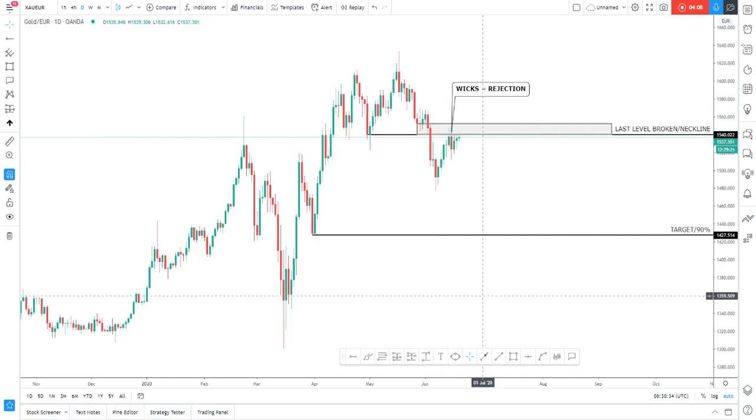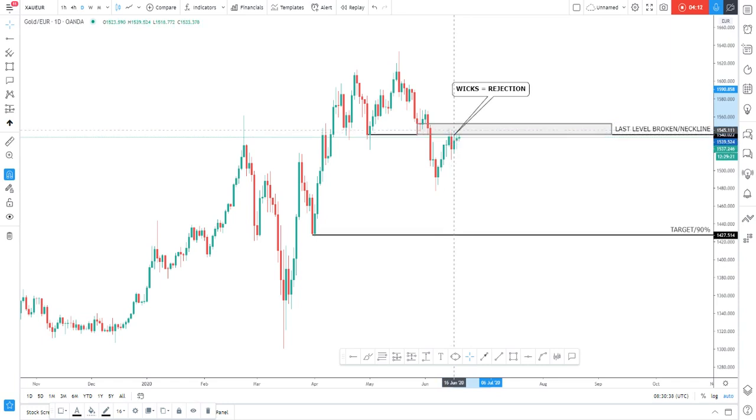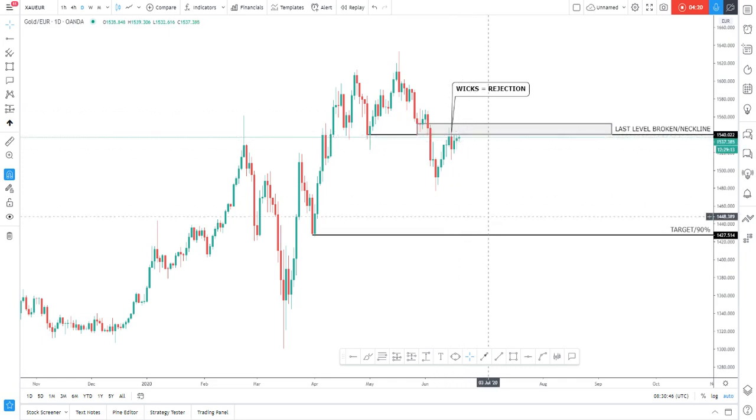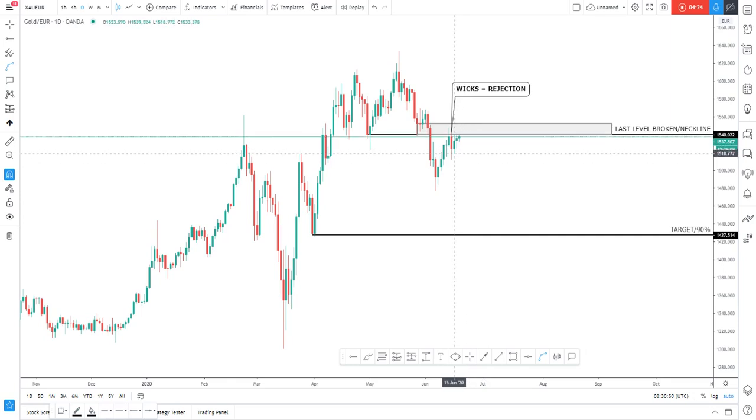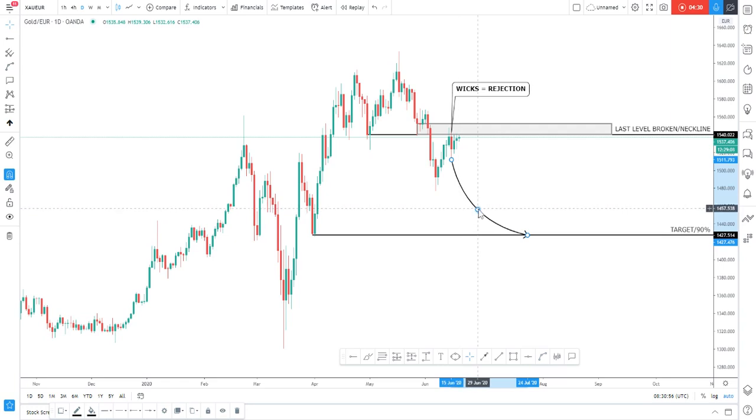Now, knowing that wicks equal rejection, I need not ponder on this any longer. Once rejections happen, there's a tendency that price will move the other way around. So I expect price to move to the downside on XAUEUR.